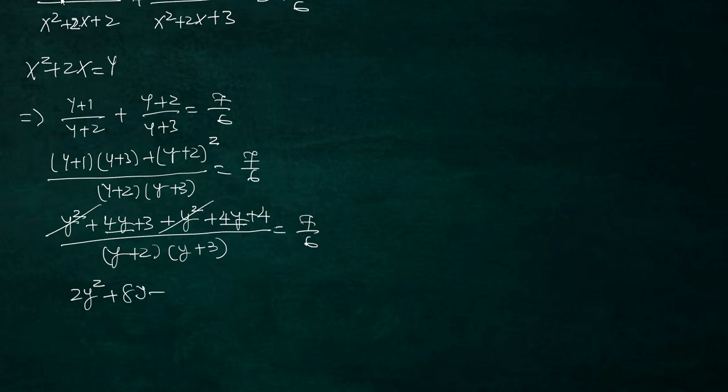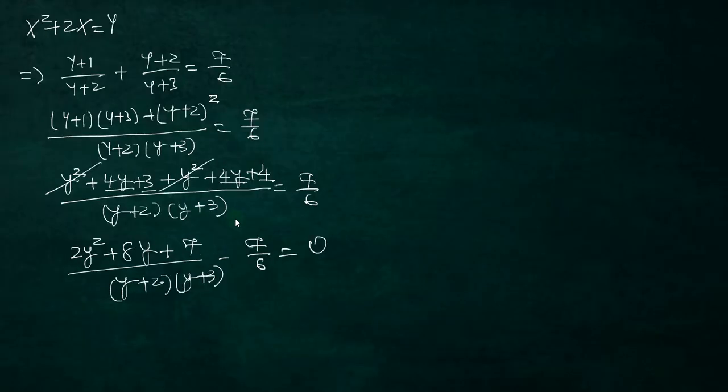Sorry, let me write this correctly. 8y here, and then plus this one plus this one, we're gonna have plus 7, and this divided by y plus 2, right, which multiplies y plus 3, and then minus 7 divided by 6, and this is equal to 0, right? So cool.